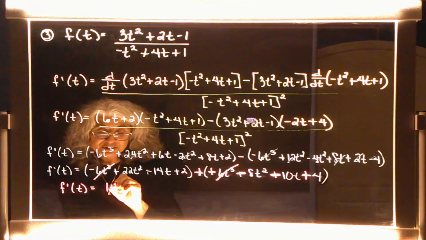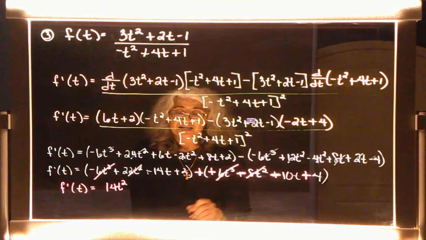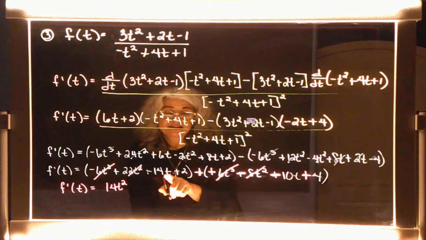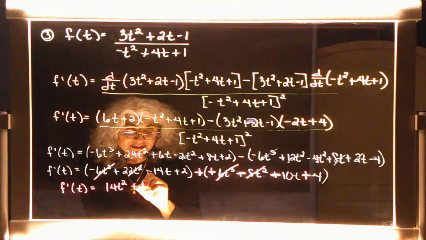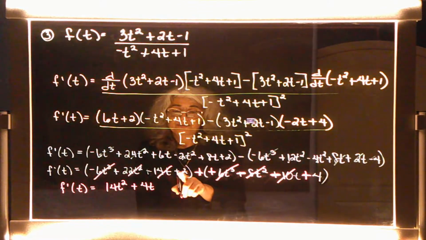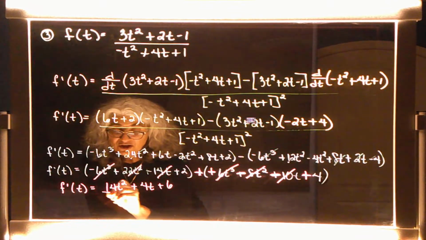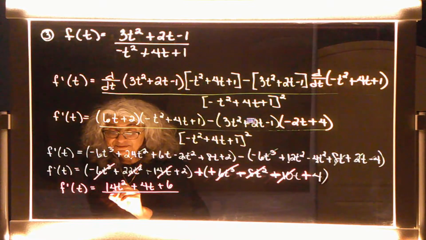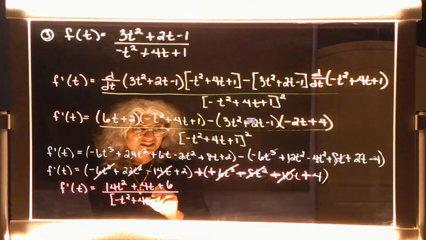That looks like a 14t squared. And then a 14t minus 10t. That looks like a positive 4t. And then a positive 2 and a positive 4 looks like a positive 6 all over the denominator squared.